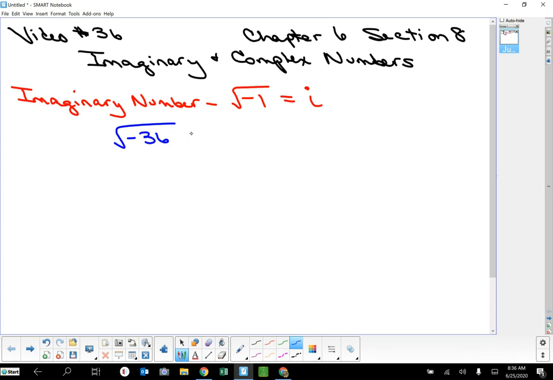So what we can do is break this up into the number times the root of -1. And the root of -1 is coming from here. Let me just highlight. If you have a negative, that means it's -1 times whatever value is under there, right? -1 times 36 is -36.